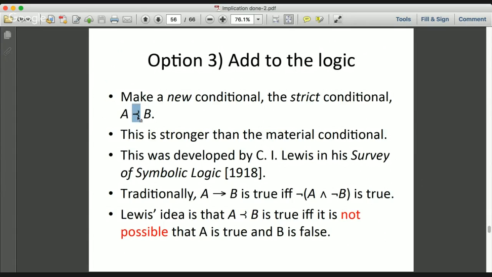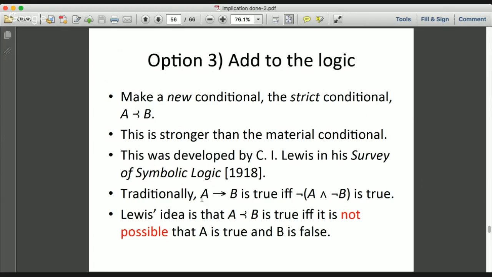He gave it this symbol instead, called the fish hook. And he said it was stronger than the material conditional, and it's supposed to capture the way in which proper conditionals work, and not the way that the material conditional works.